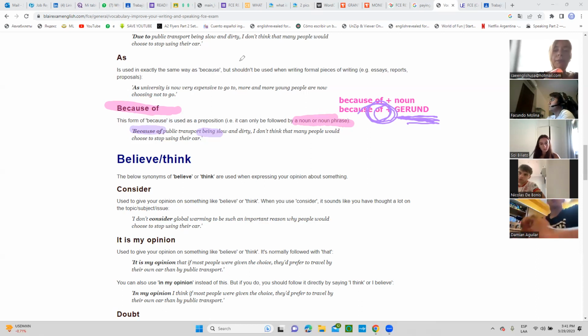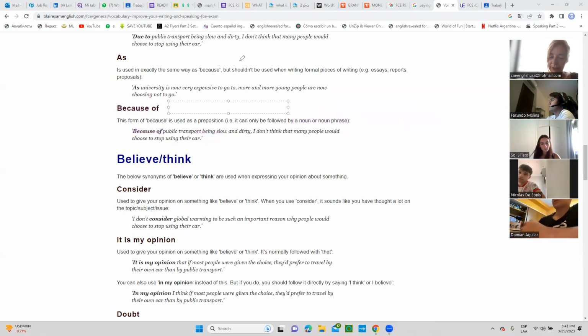So due to, actually, due to practically would be the same as because of. So remember, if you're going to use because of, it has to be followed by a gerund.